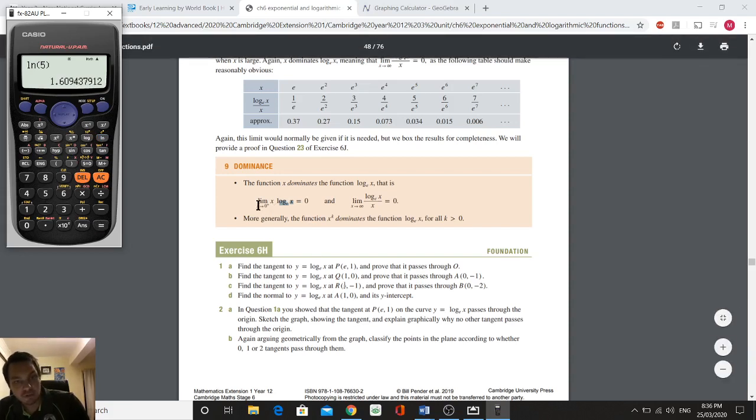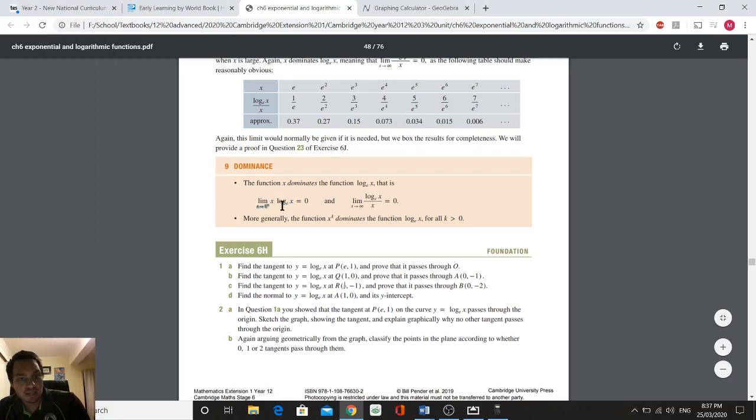So as x approaches 0 from the positive direction, what's it saying? It's going to approach 0, but as x ln x approaches infinity, both those numbers are going to increase, so of course it's going to be infinite.